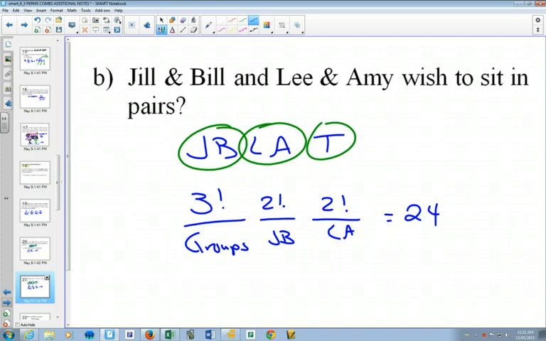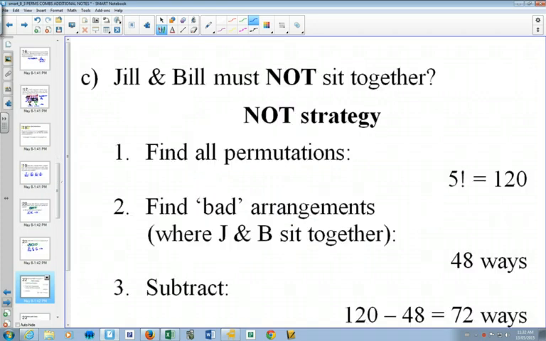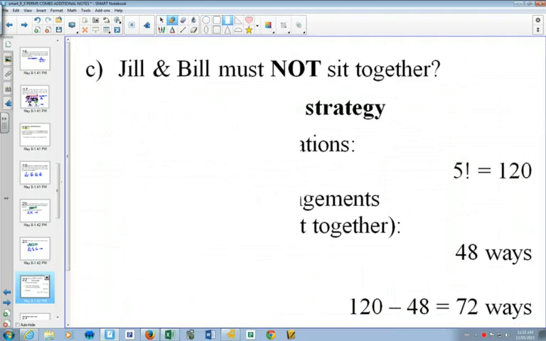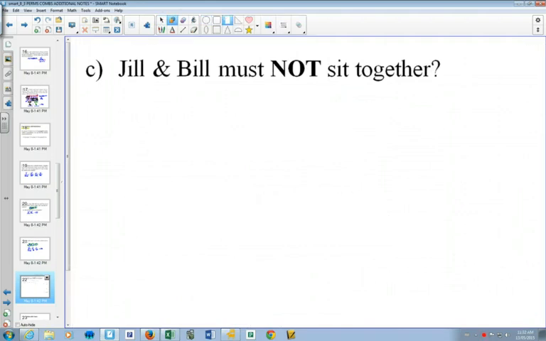Now, during the course of the week, something happens, and Jill and Bill must not sit together anymore. We're not going to worry about Lee and Amy, whether they're still sitting together or not, but now we just want to count the total number of ways that Jill and Bill are not together.